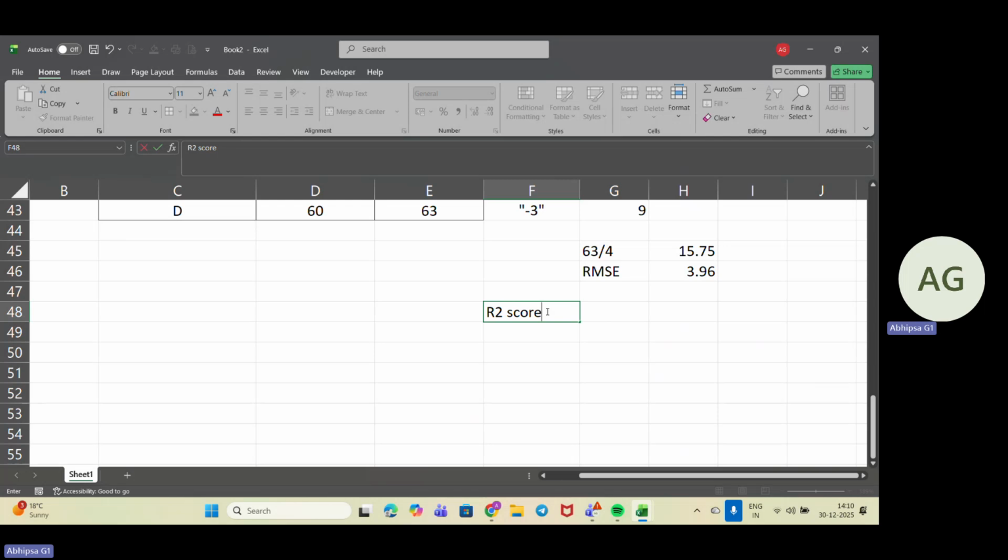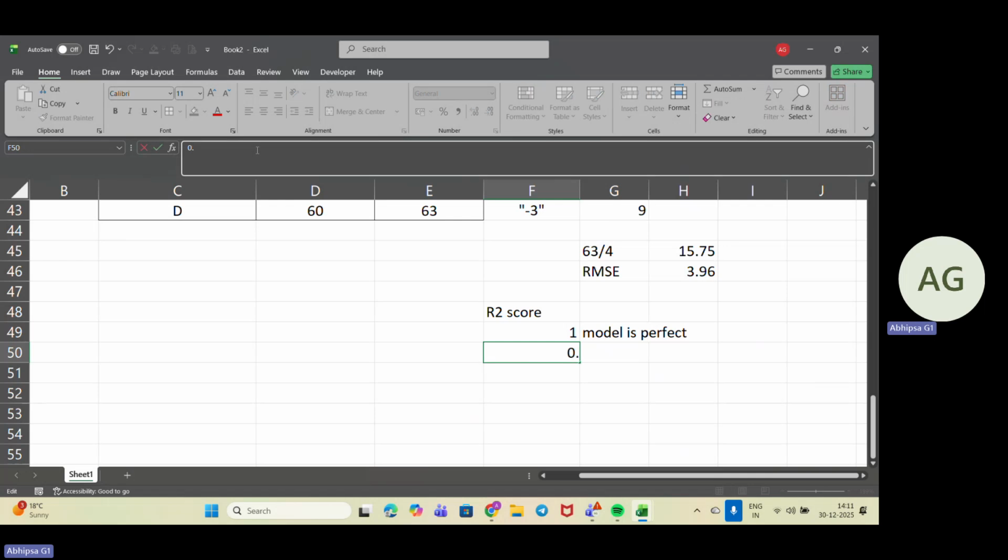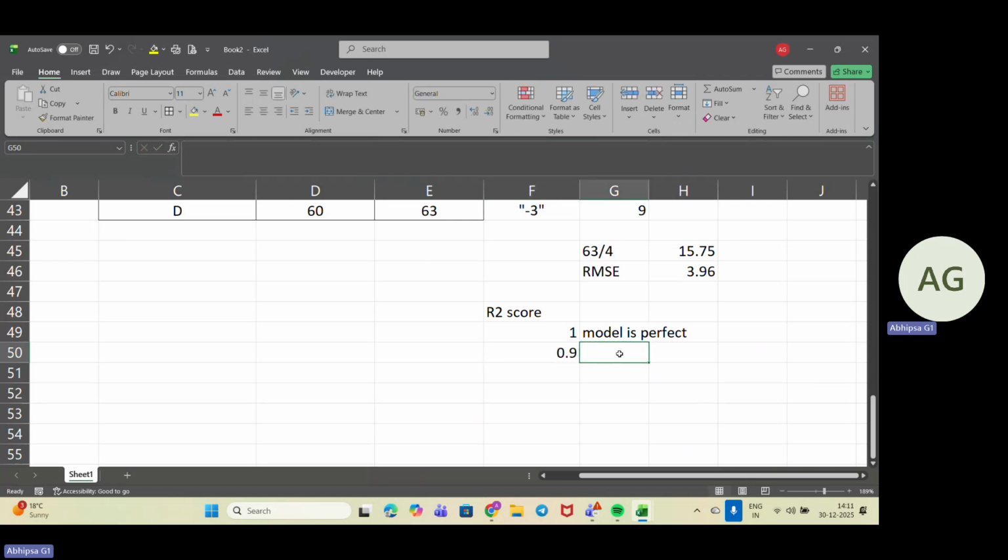If the R squared value, the R2 score, is 1, then the model is perfect. If the value is, suppose, 0.9, then it is very good.